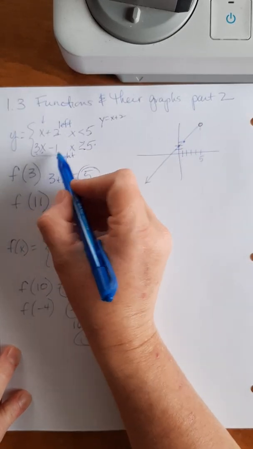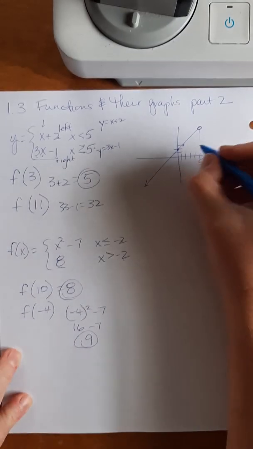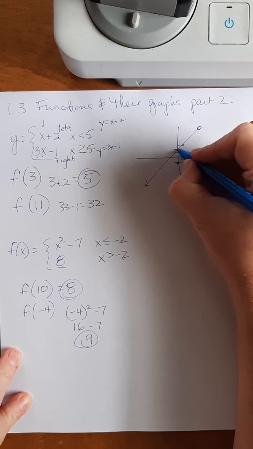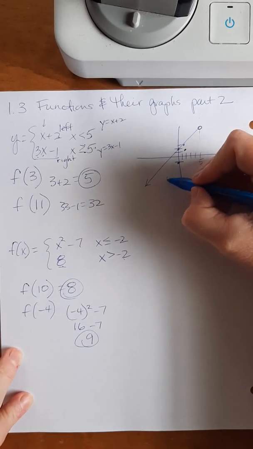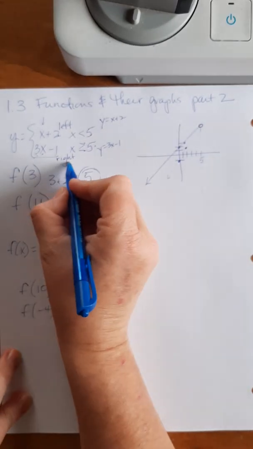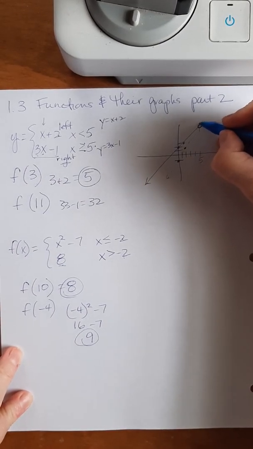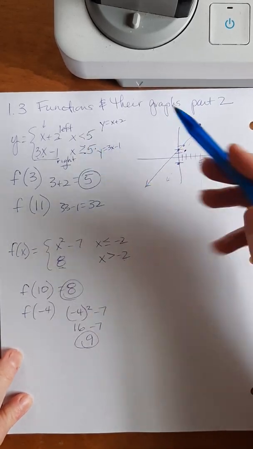So again, graph it just like Algebra 1, 3x minus 1, so down 1, slope of 3, 1, 2, 3, over 1, and here's your graph. But the only thing is, we don't want it until it gets to the right of 5. So about right here, closed dot because there is a line underneath.